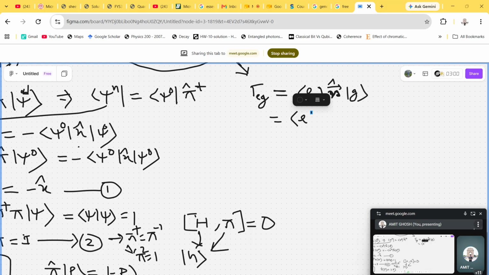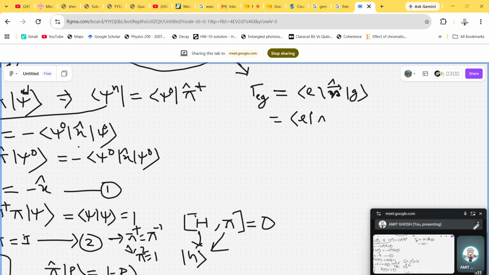Here you can put the Π² term because Π² is the unit matrix, so it doesn't matter.